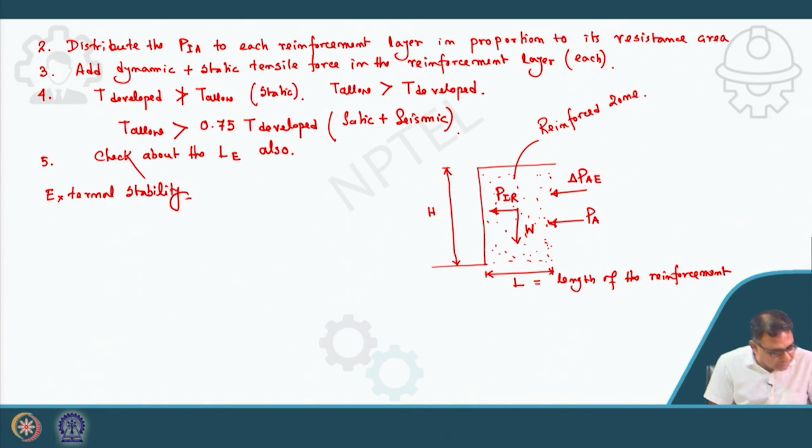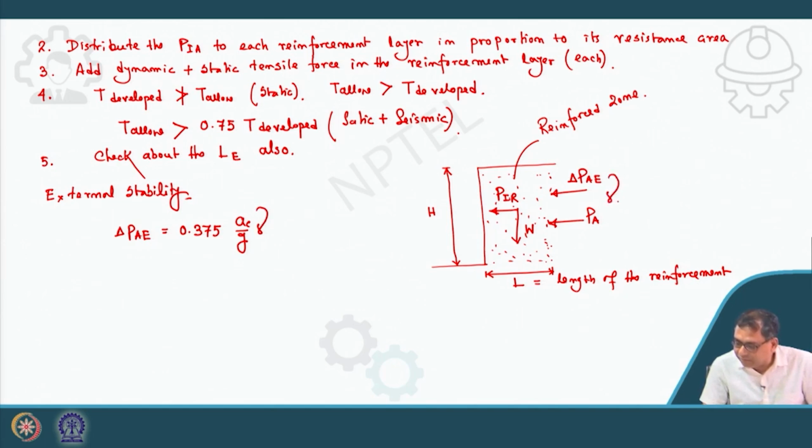Now, how will we calculate these forces? I can calculate del PAE by using this equation: 0.375 AC by G into gamma. Now, I will use gamma F, not gamma R, because gamma F is for the soil outside the reinforced zone. So, it is gamma F into H square.